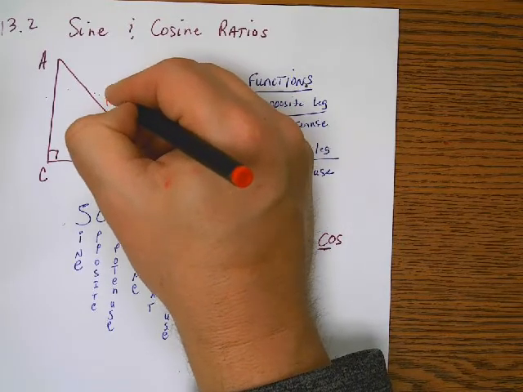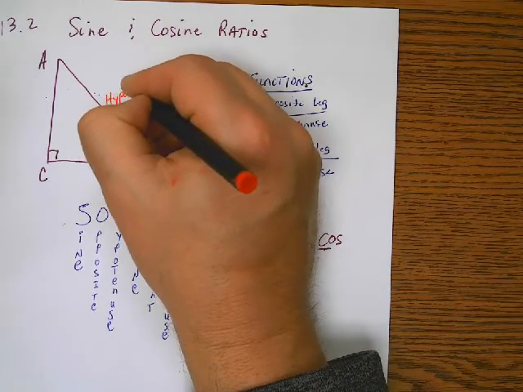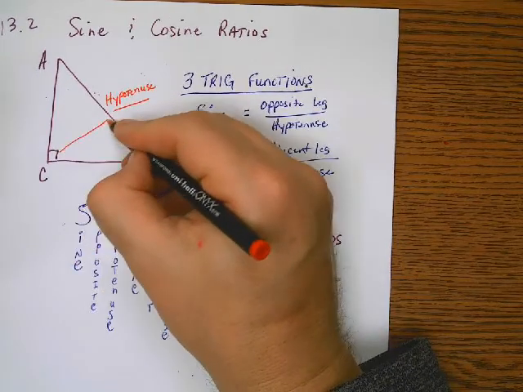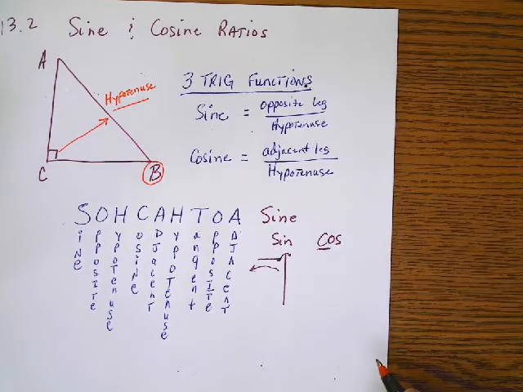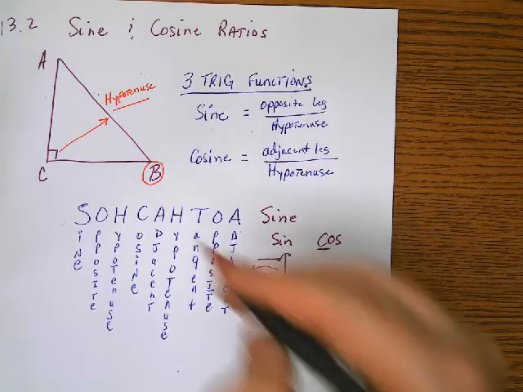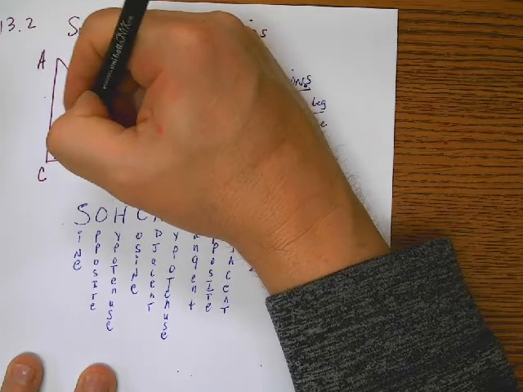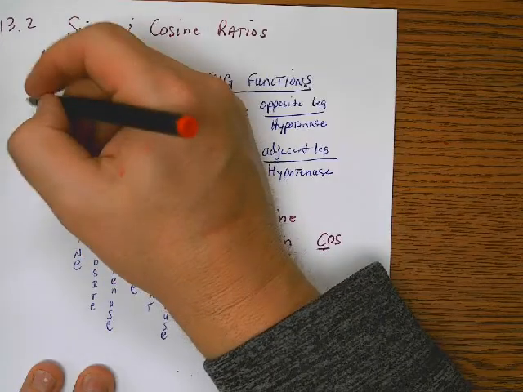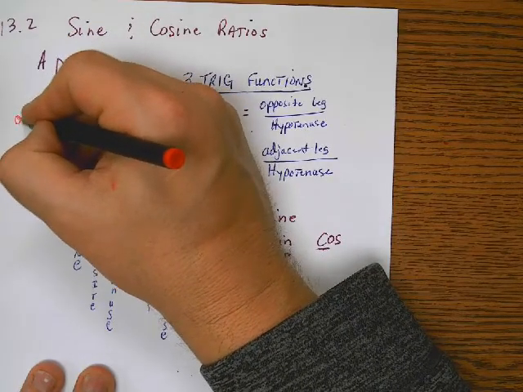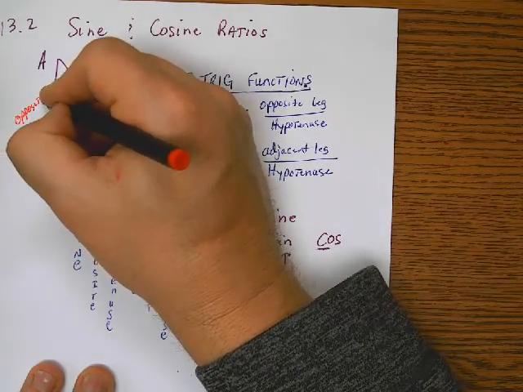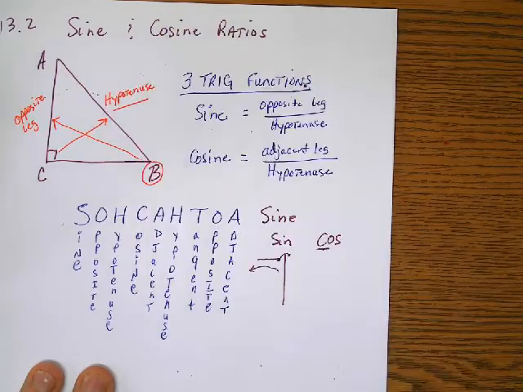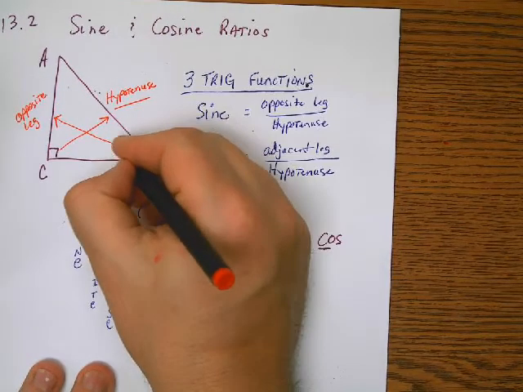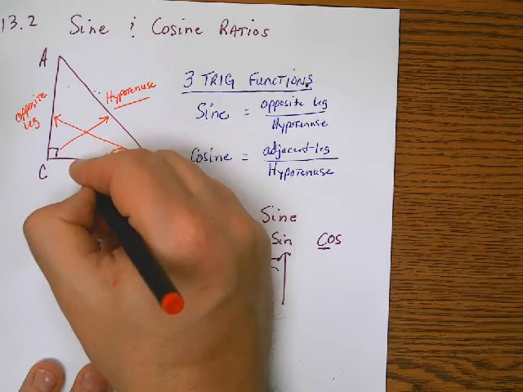Side AB is always called the hypotenuse, because it is opposite the 90-degree angle. And then opposite B, way over there, is side AC. So the opposite leg is AC. Does that make sense? Okay, and then BC would be the adjacent leg.